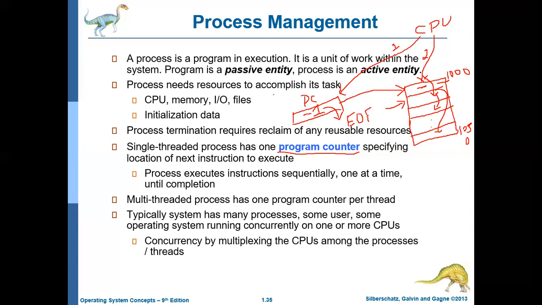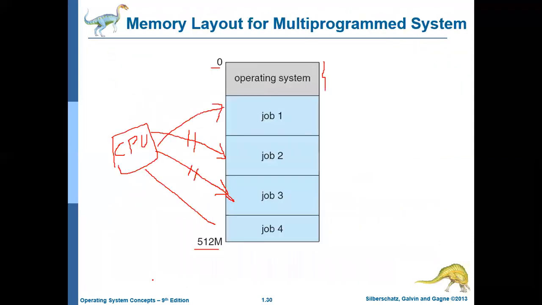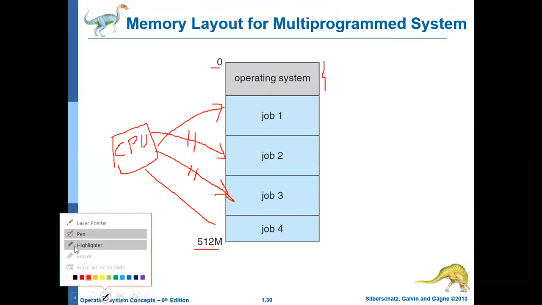So this is the role of the program counter in an operating system. If you have more than one process in memory, then for each process there will be a program counter. For example, in this particular diagram, you can see that there are multiple processes: job 1, job 2, job 3, job 4.